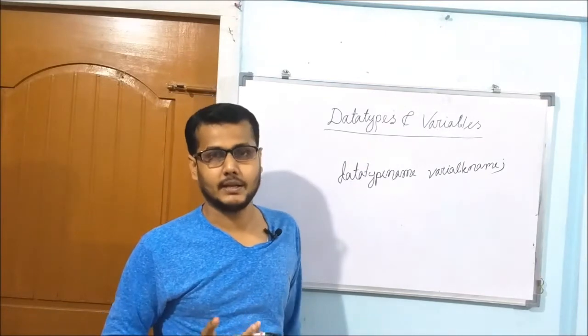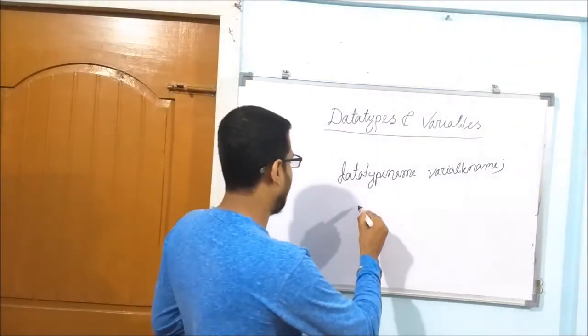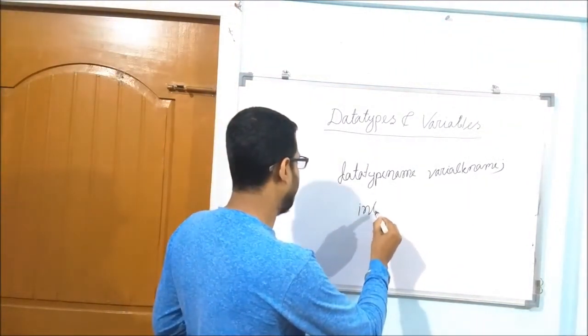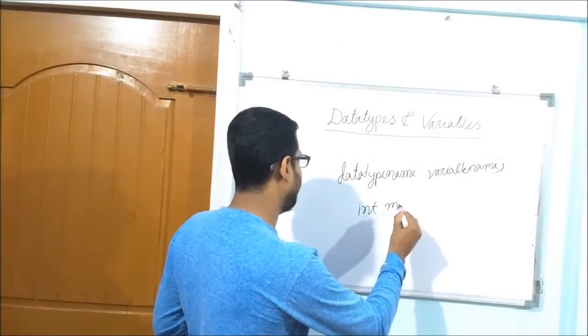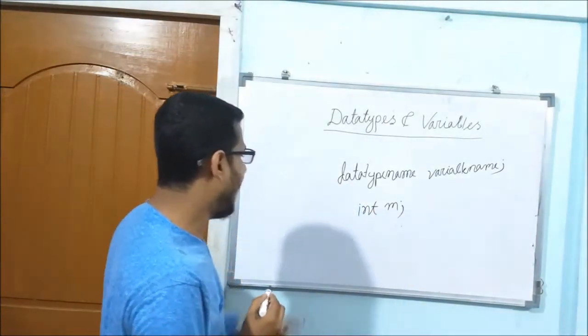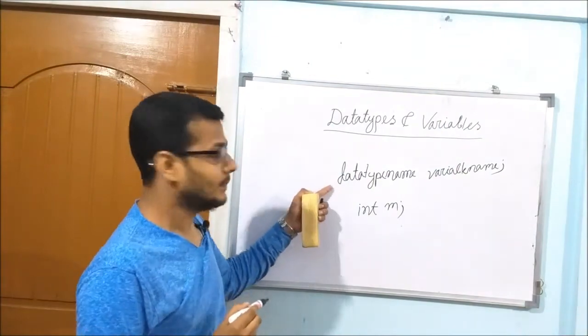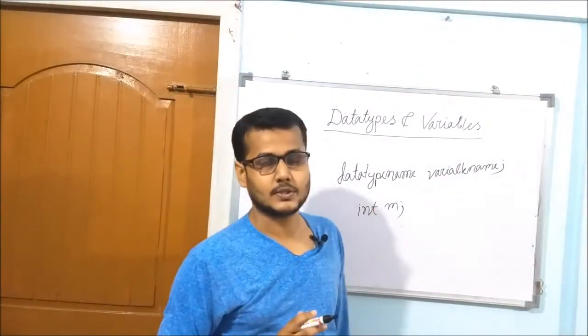You can create variables. For example, int m; semicolon. Here int is the data type name and m is the variable name.